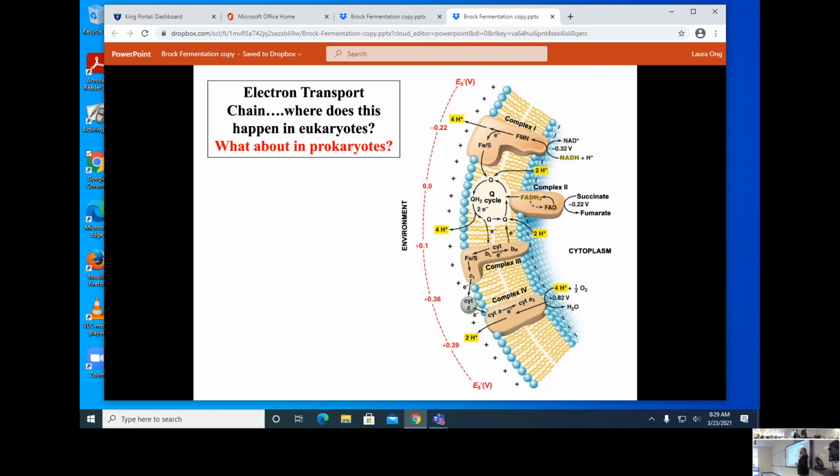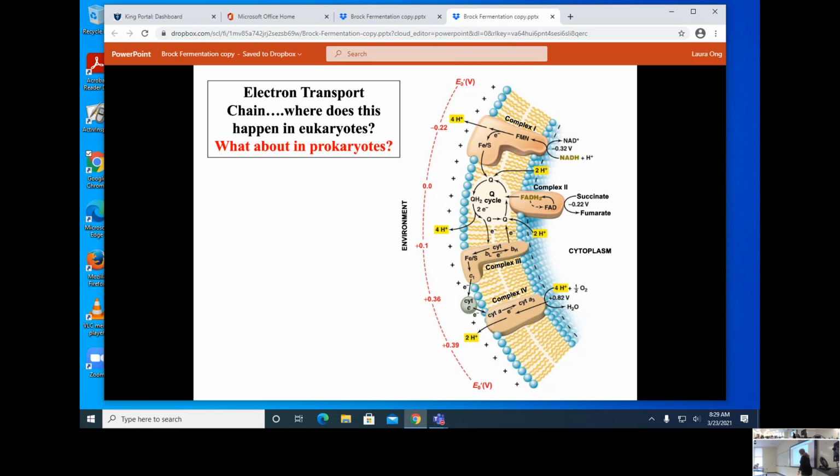Those of you that were in cell last fall, we had the electron transport chain going left to right, and the protons were going to the top of the page, and then we had oxygen being used at the bottom of the page. This one is turned on its side and in a different order, but that doesn't really change the essence of what's happening.